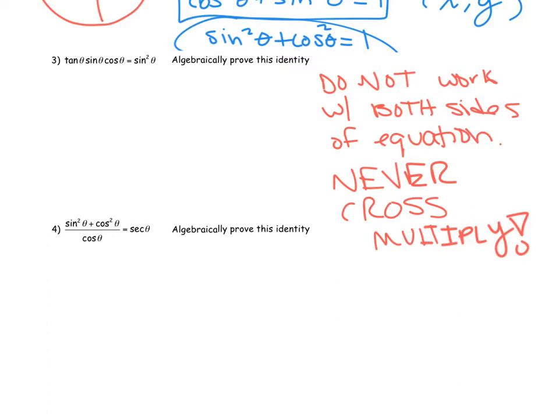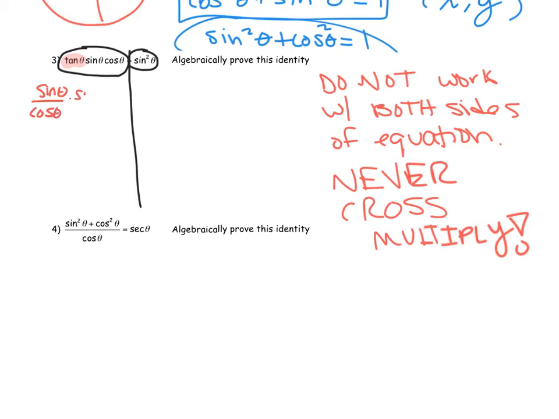All right, so let's get started here. What you're going to want to do is probably draw your line down the middle from the equal sign. We're going to try to get what's on the left-hand side identical to what's on the right-hand side. They need to be the same. So we should start by seeing how we can rearrange our terms with tangent, sine, and cosine. We can rewrite tangent as sine over cosine.